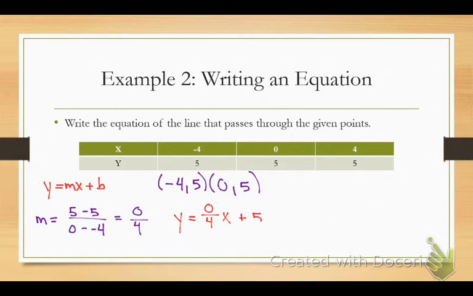Now, again, this would be like minus 1 or 2 points, because this is actually gone, you should have just said y equals 5. If you were to say the 0 over 4x, that's not quite right because there is no slope. What kind of line is this going to be on the graph? Horizontal. It's going to be a horizontal line.